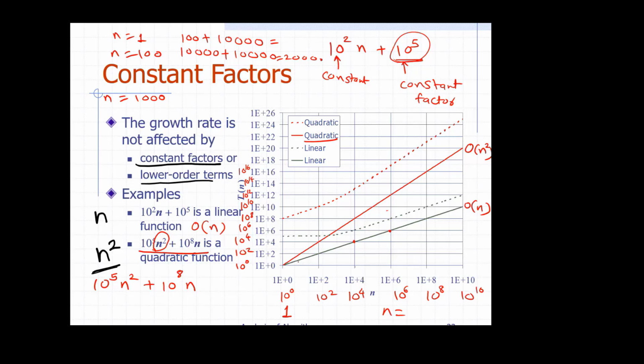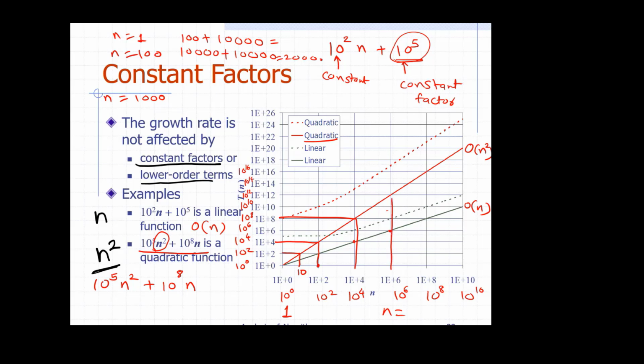So in this case, what is happening? If my input size is, let's say, 10, my output size is going to be 100. So if my input is 10, my output is 10 raised to 2. If my input is 10 raised to 2, my output is going to be 10 raised to 4. If my input is 10 raised to 4, my output, meaning time, is going to be 10 raised to 8.